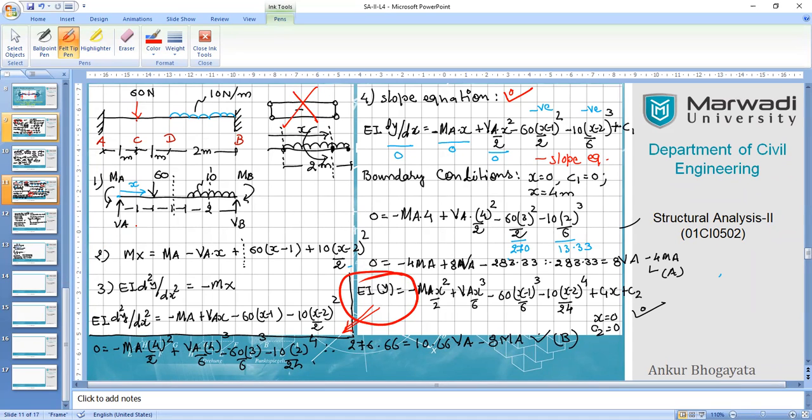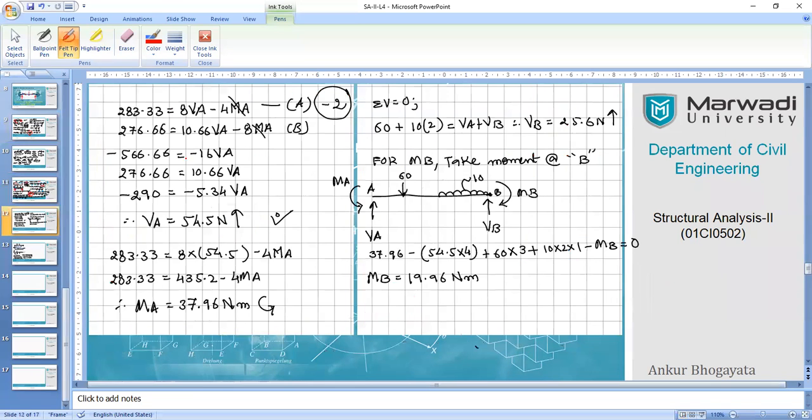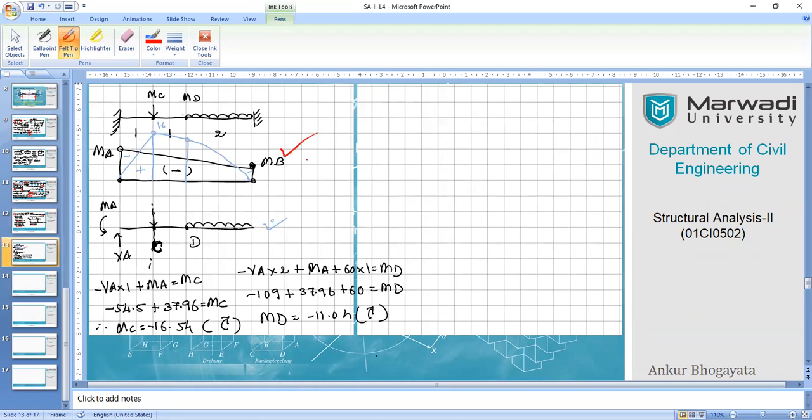And that is why we didn't start analyzing the numerical by considering VA and VB first. We kept them unknown until we received equation A and equation B, right? And then with the simultaneous equation system, we solved them and got our first answer. Then we went for our second unknown, and consecutively we obtained VB, then finally MB, right? So then we developed this diagram also with the help of fixed end moments, and then we went for the span moments as 16 and 11.